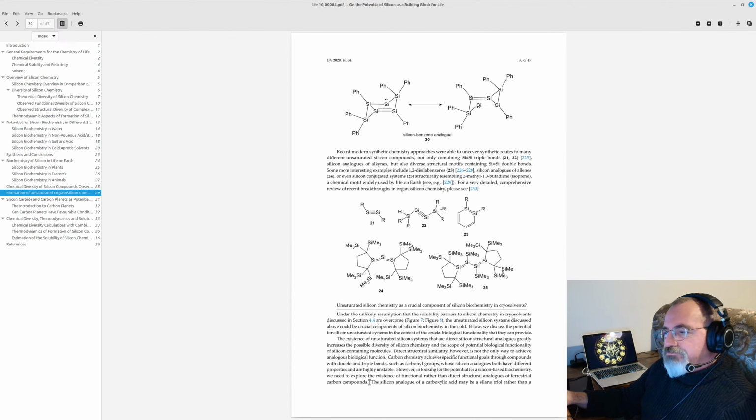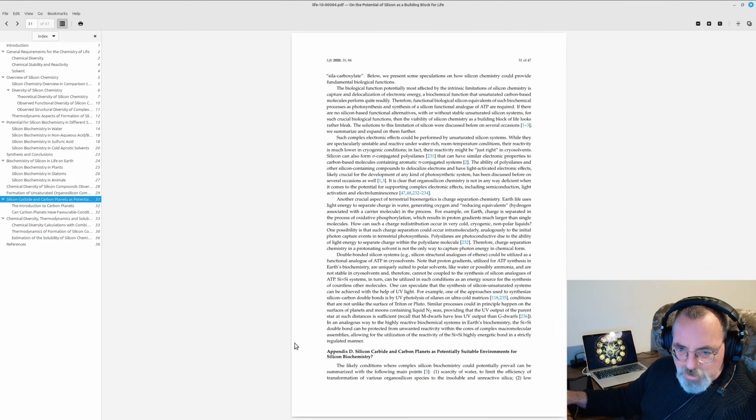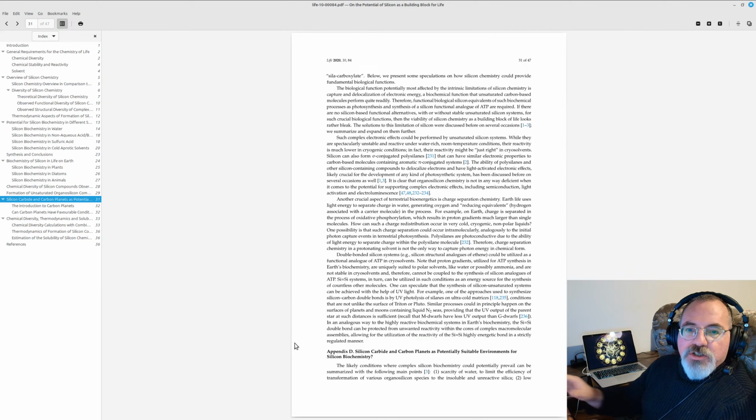You can't just basically take carbon and substitute silicon. That's not going to work. So you have to look for a functional analog rather than a structural one. The silicon analog of a carboxylic acid may be a silane triol rather than a silyl carboxylate.